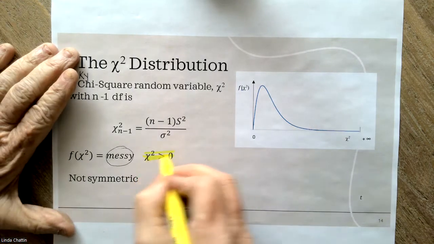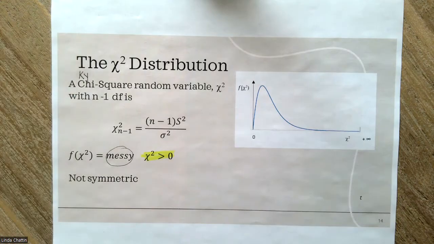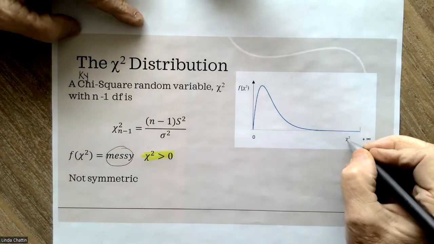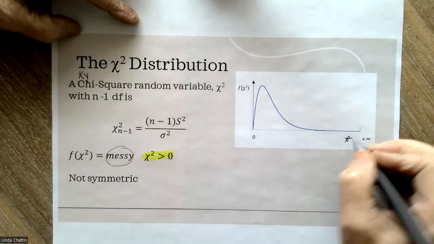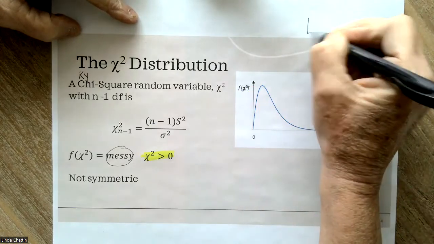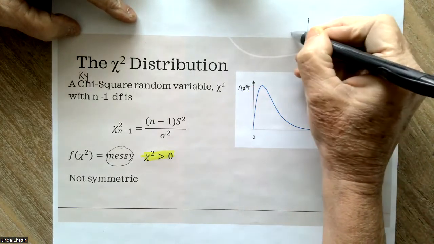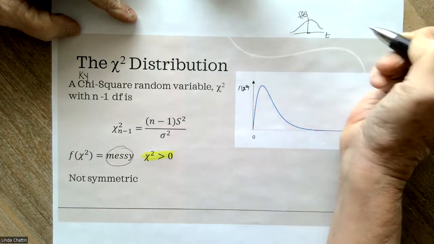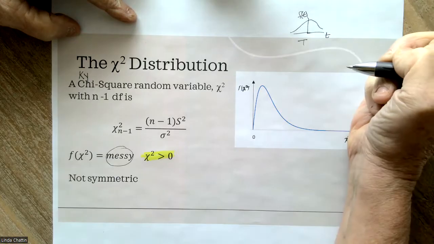Now, by the way, it's really hard to show these as capitals and lowercase. So these are both supposed to be lowercase chi-squares. They look like X's, but you know how when we do a t distribution, I make a lowercase t and I say f of t because the random variable is capital T. Remember that?